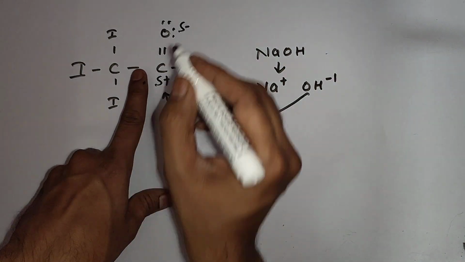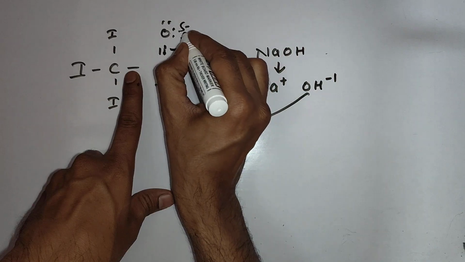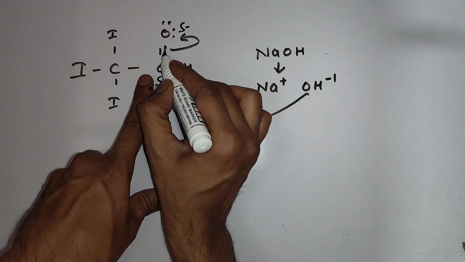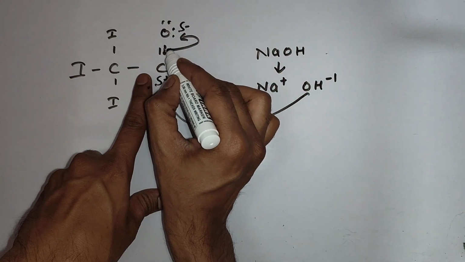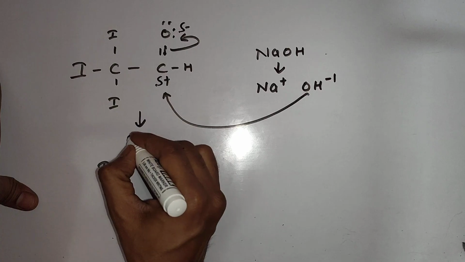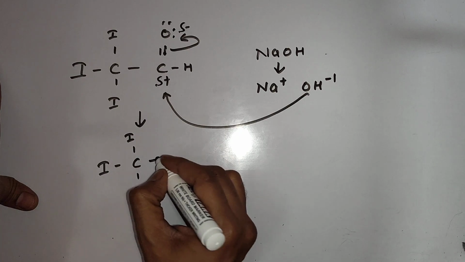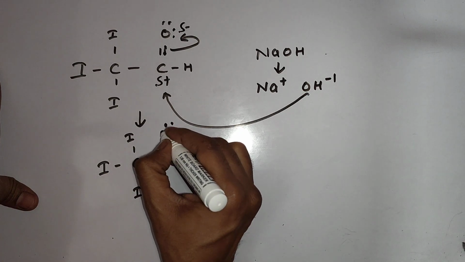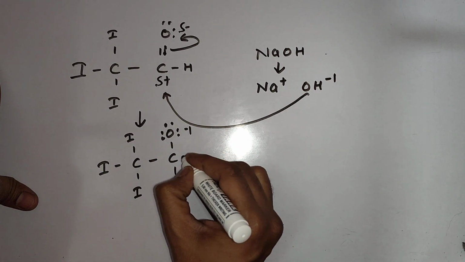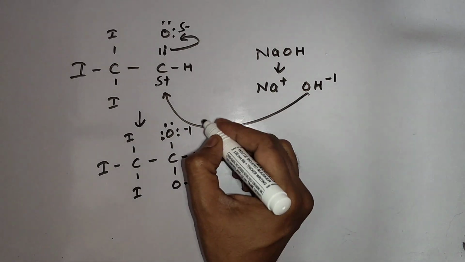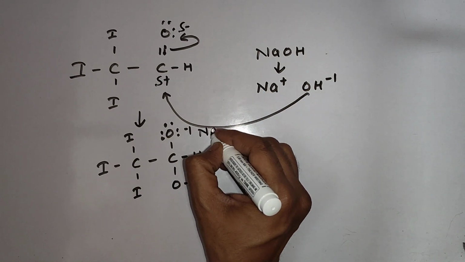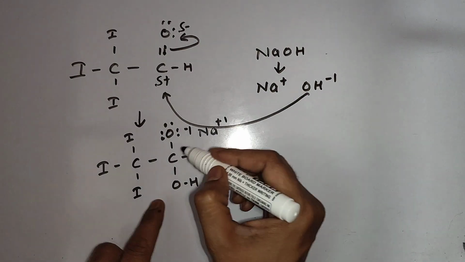Attack. Pi electrons will shift toward oxygen because carbon can make maximum 4 bonds. This bond will break, and obviously oxygen is more electronegative, so these pi electrons will shift toward oxygen, due to which this will generate, which will be balanced by this negative oxygen, balanced by Na positive, like this.